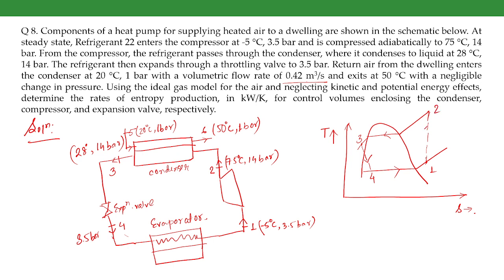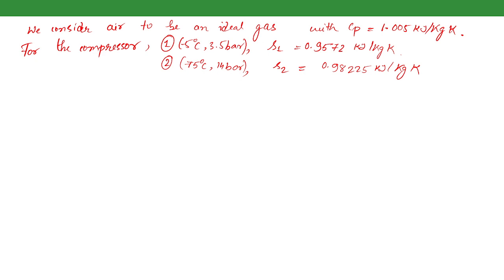Okay, it is not an isentropic process. And correspondingly the enthalpy at this point is 294.17 kilojoule per kg.